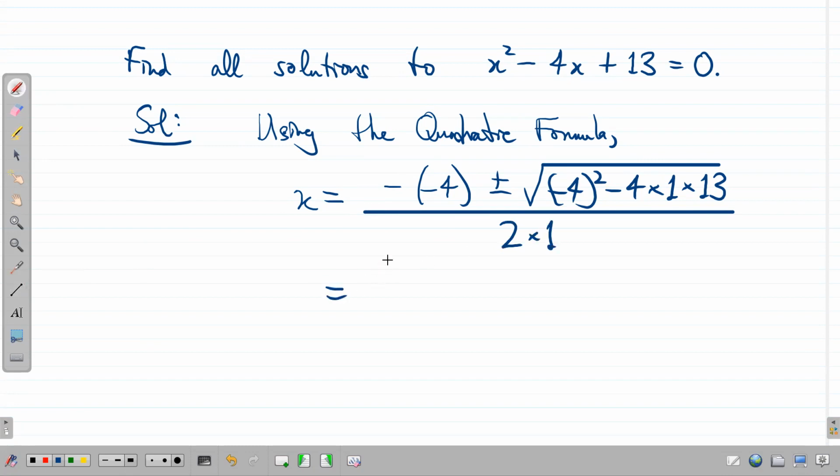That simplifies. Minus -4 is +4, plus or minus, work out this guy. 4 4s are 16. 4 13s, goodness, that's 52. We've got square root of 16 minus 52, all divided by 2.